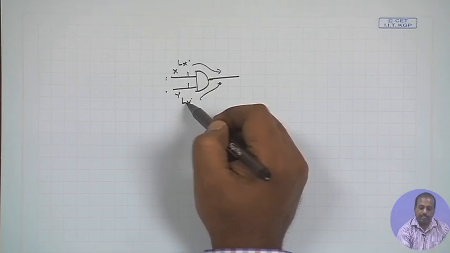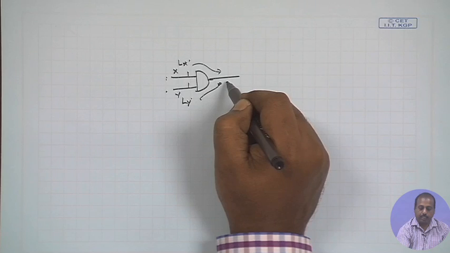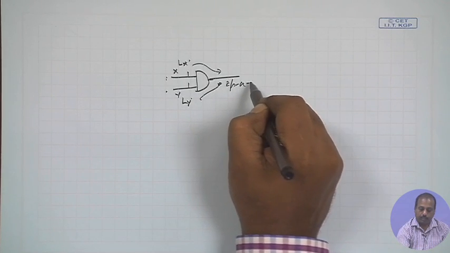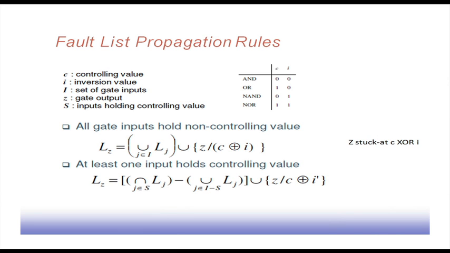So, whatever is Lx and Ly, they will come to the output, plus we can check at this point the Z stuck at 0 fault. This fault also can be observed if we can look at the circuit at point Z. So this is the case when all the inputs are holding non controlling value.